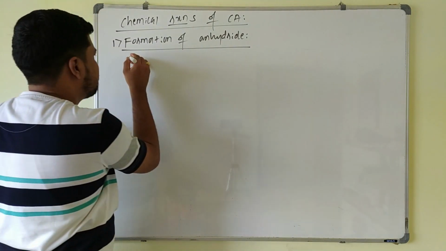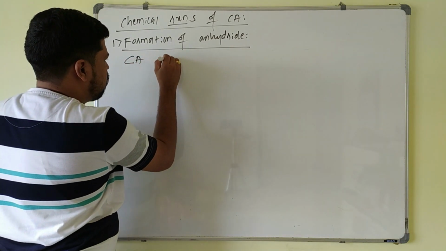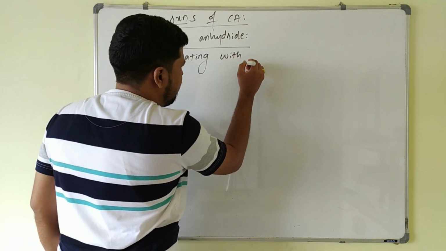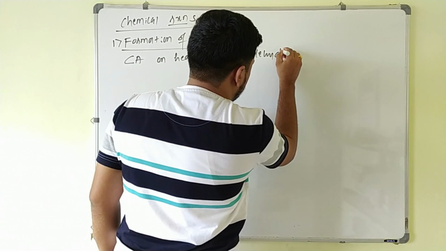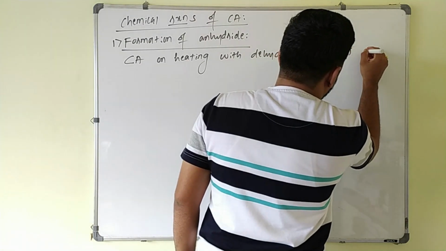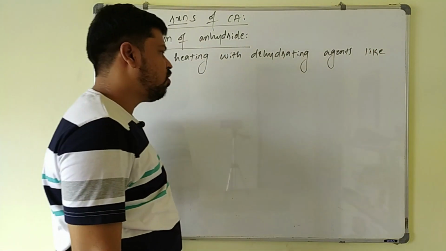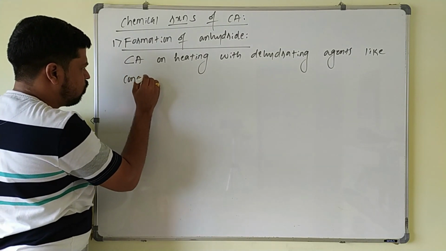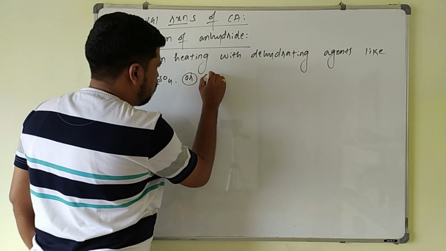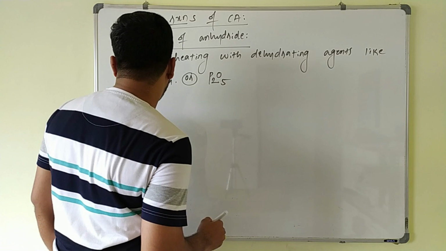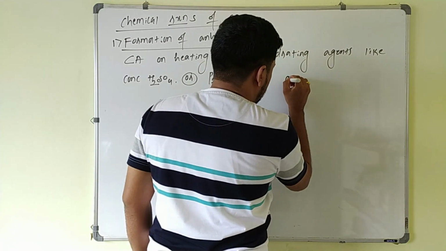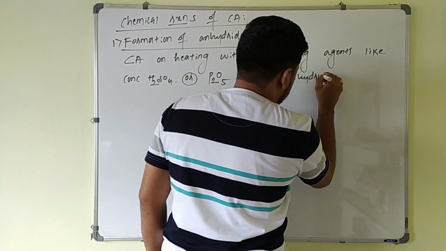So carboxylic acids on heating with dehydrating agents like concentrated H2SO4 or P2O5 give anhydrides.